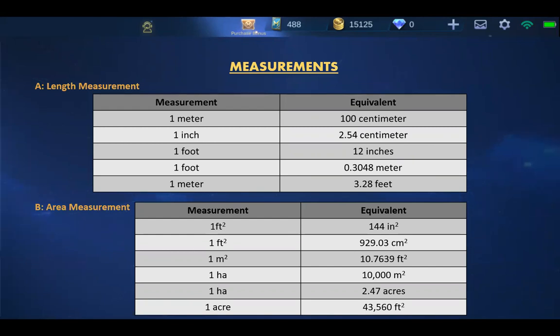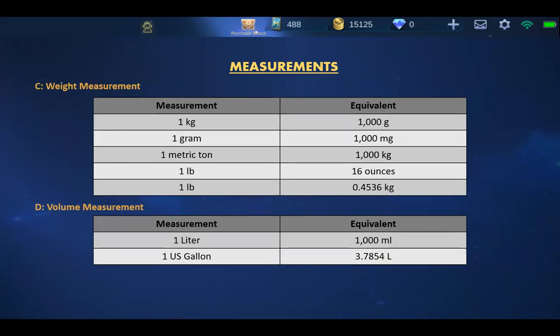For the area measurement, we have 1 square foot is 144 square inches. 1 square foot is equivalent to 929.03 square centimeters. 1 square meter is equivalent to 10.7639 square feet. 1 hectare is equivalent to 10,000 square meters. 1 hectare is equivalent to 2.47 acres. 1 acre is equivalent to 43,560 square feet.